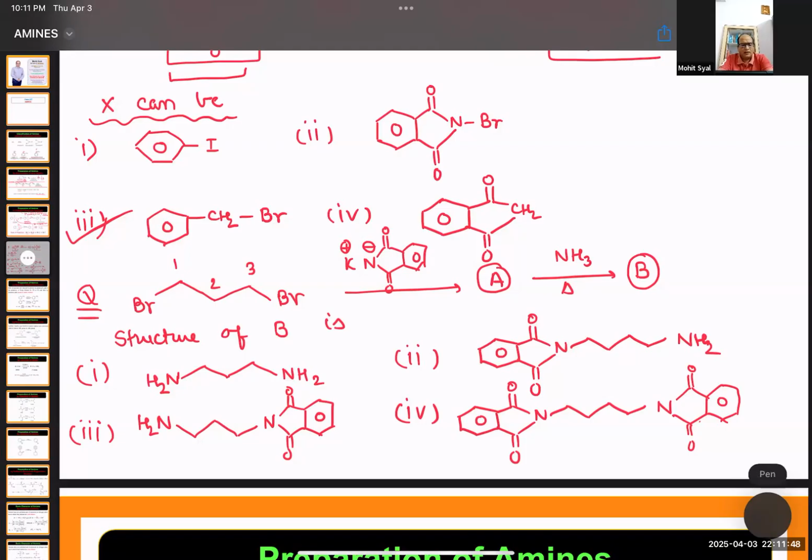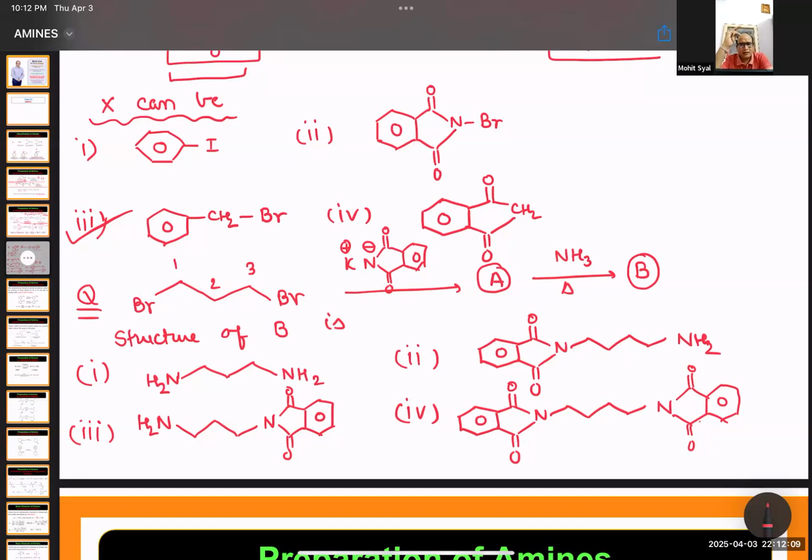So what is going to be the right answer for the structure of B? This is also quite easy. Just you need to check one very minute thing where you can go wrong.